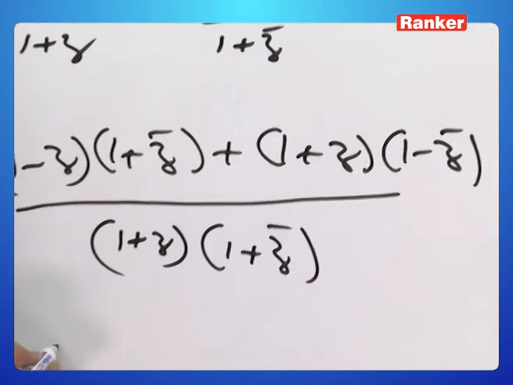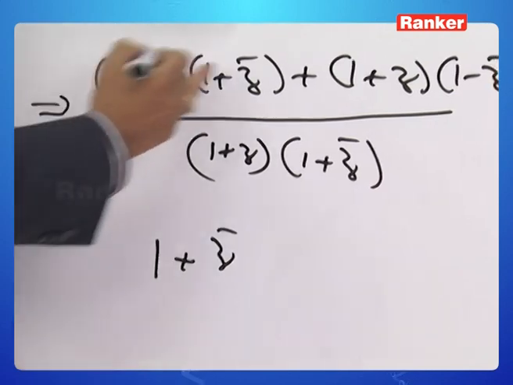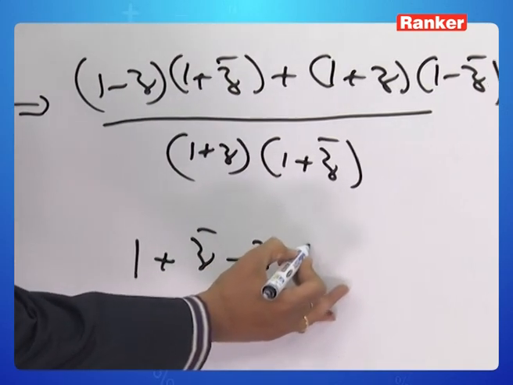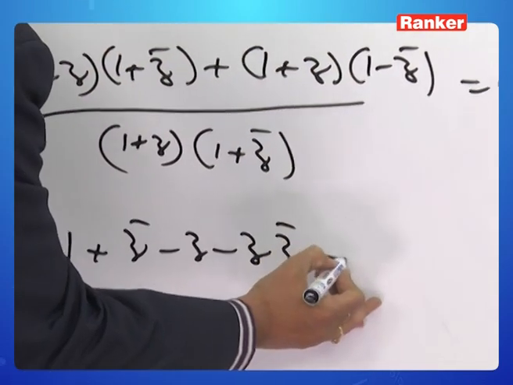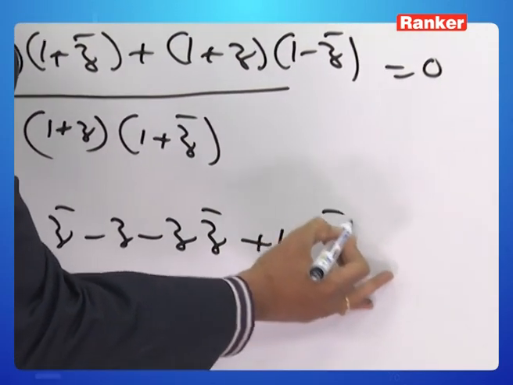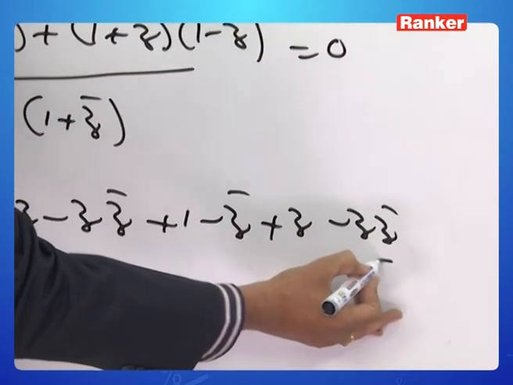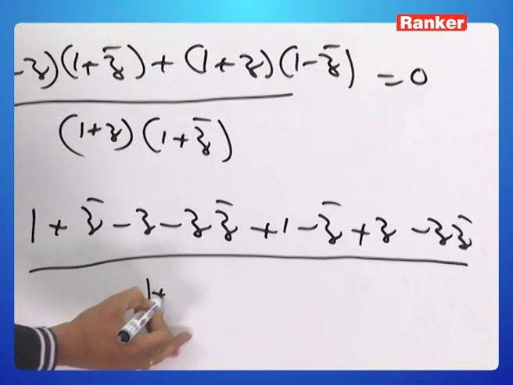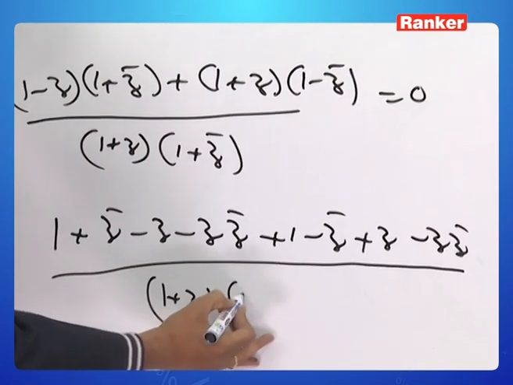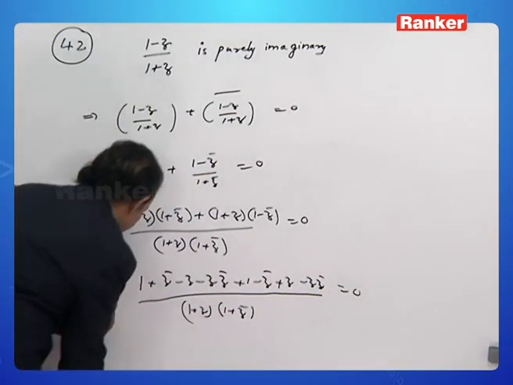Multiply 1 into 1, 1. 1 into z bar, plus z bar. Minus z into 1, minus z. Minus z into z bar. Here 1 into 1, 1, plus z bar, minus z, minus z z bar, over (1 plus z) into (1 plus z bar) is equal to 0.